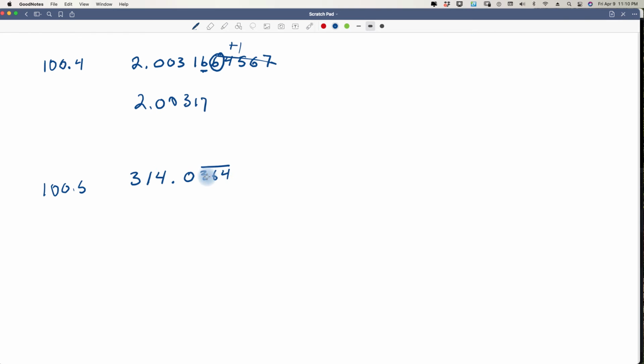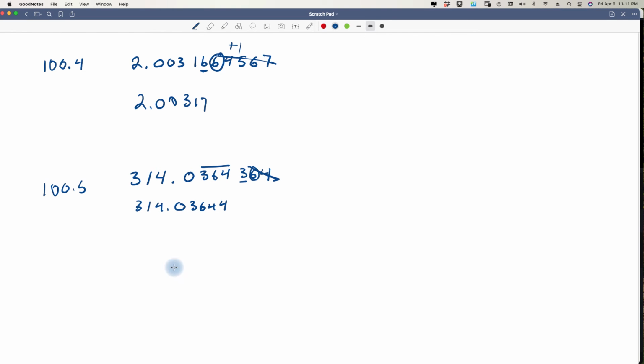So we know that this repeats. So we can just write another 364 out here and then count to 5. 1, 2, 3, 4, 5. That's the 5th place, right? Is this greater than or equal to 5? Yes. So we can say 314.03644 and be done with it. And that goes away. And it's no longer a repeating decimal.